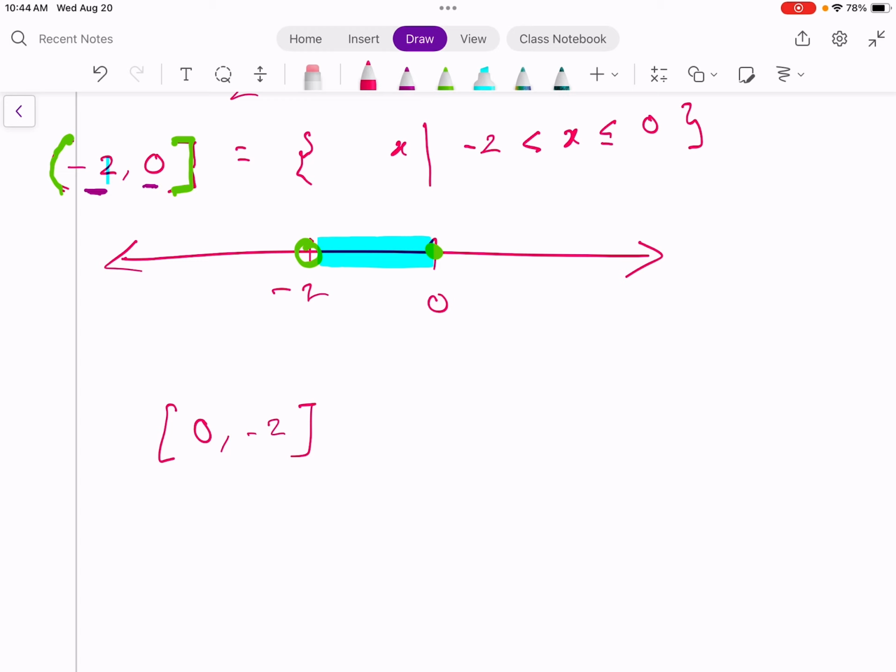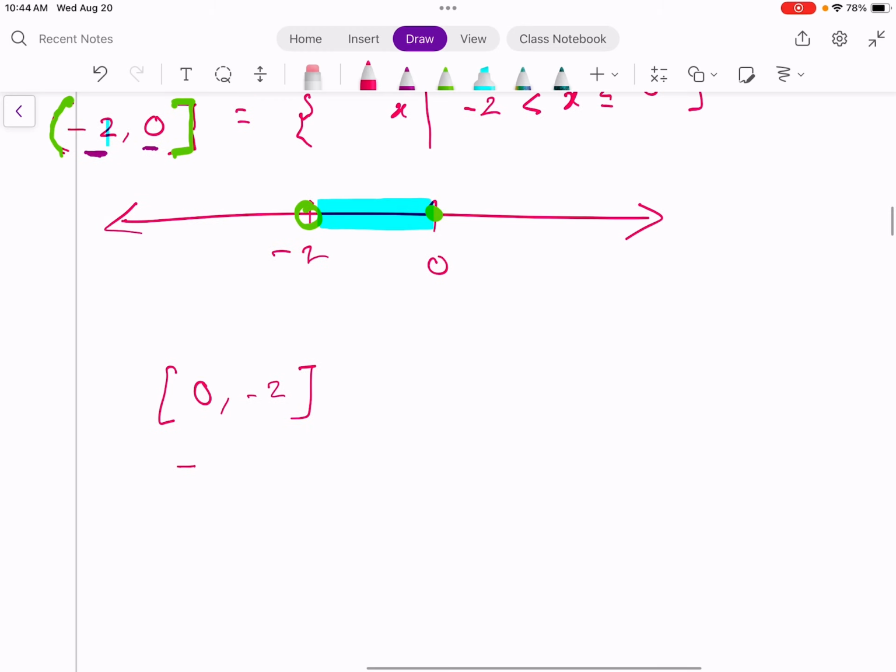But we can find infinite numbers which are greater than -2 and less than 0, right? If you take -1, -1 is greater than -2 and less than 0. So we can find -1 here. But we can't find -1 there because -1 is not greater than 0 and not less than -2.